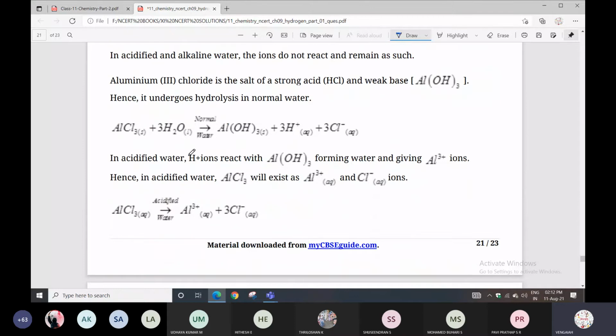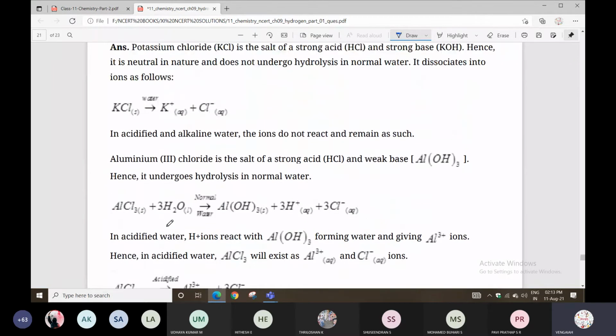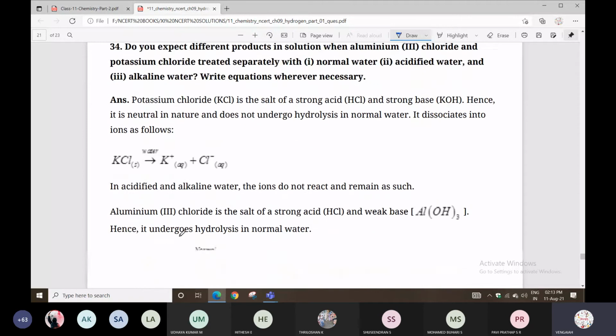Aluminium chloride is a salt of a strong acid and a weak base. Hence it undergoes hydrolysis in normal water. In acidified water, H+ ions react with Al(OH)3, forming water and giving Al3+ ions, so Al3+ and Cl- will be there. Next is AlCl3 in alkaline water, that is, in basic condition.